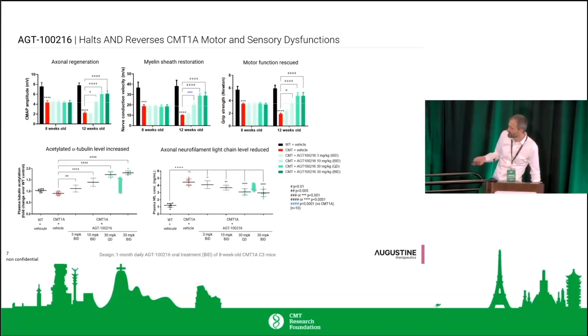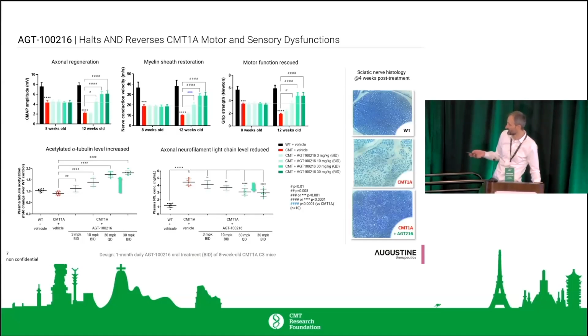This again was associated with a dose-dependent increase of acetylated alpha-tubulin, so that's encouraging because that probably gives us a good biomarker to see target engagement in the clinic. And it also was associated with a dose-dependent decrease of neurofilament light chain, as you know, a marker for neuronal damage.